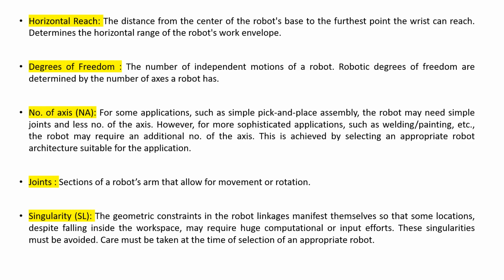So these singularities need to be avoided, because if you design something that falls in the singularity space, it will fail. The robot cannot reach that space, and that's how it will fail. These things you need to check in some software also. There are different software packages in which you can simulate all of this.